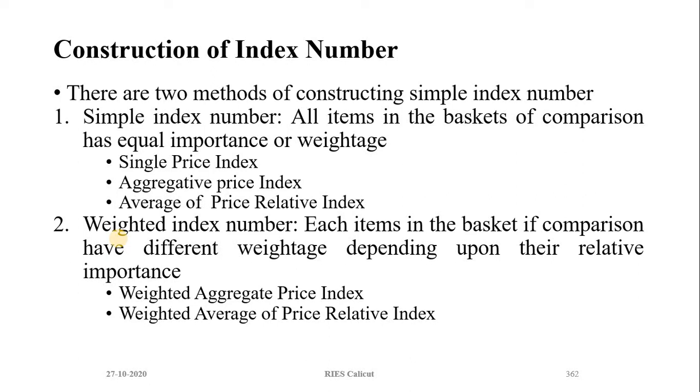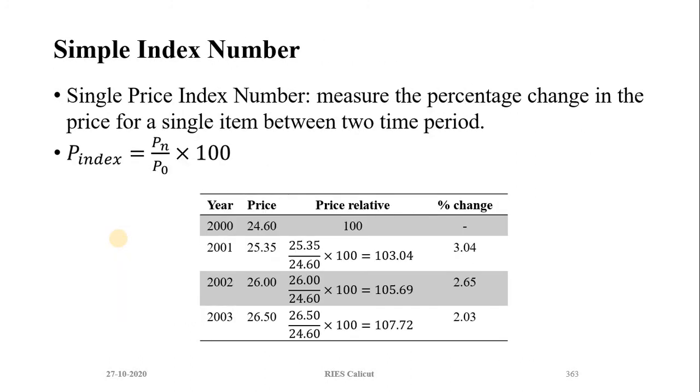Similarly, the weighted index number can be divided into weighted aggregate price index and weighted average of price relative index. We will analyze all these different types of index number and discuss them in detail. First we will discuss the simple index number, or the single price index number.